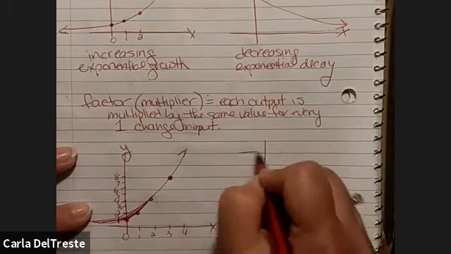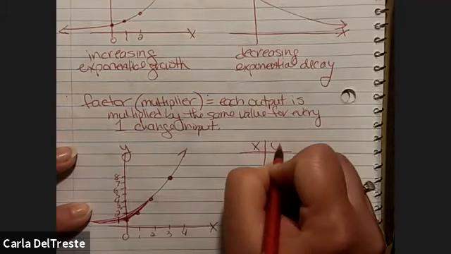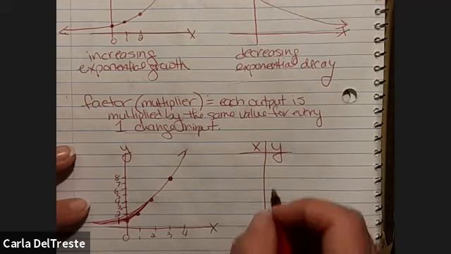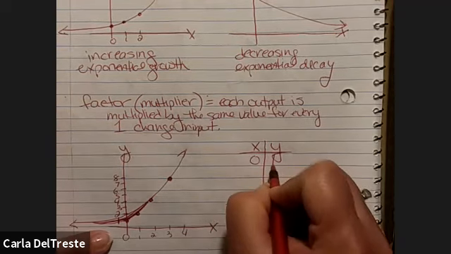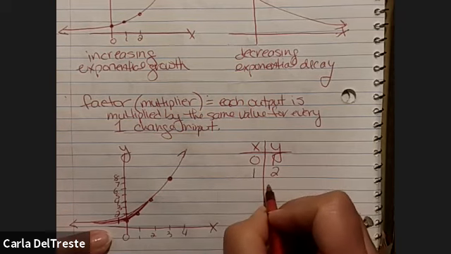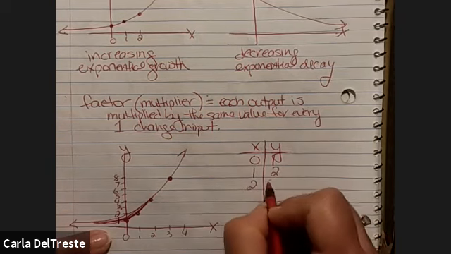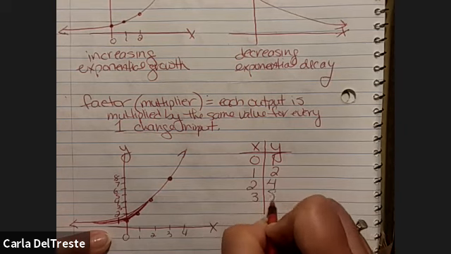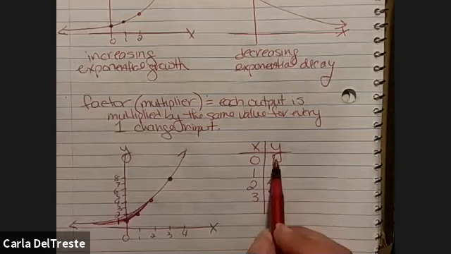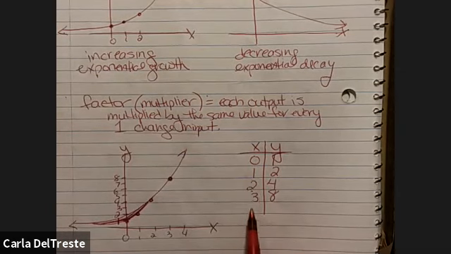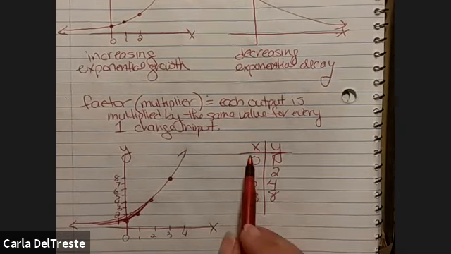First, let's organize this into a table. I know we're doing tables in the next video, but let's organize it into a table. 0 has an output of 1, 1 has an output of 2, 2 has an output of 4, and 3 has an output of 8. Okay? I see that there's consecutive inputs, okay, 0, 1, 2, 3.